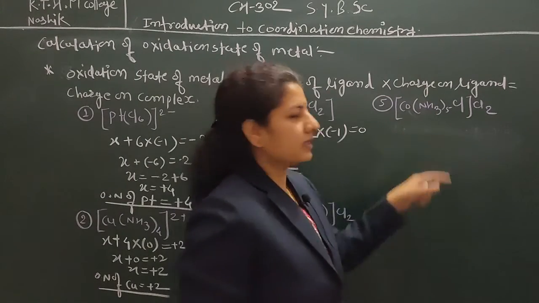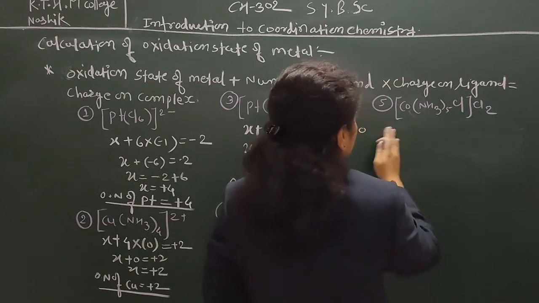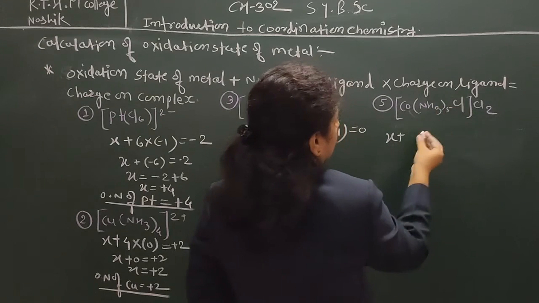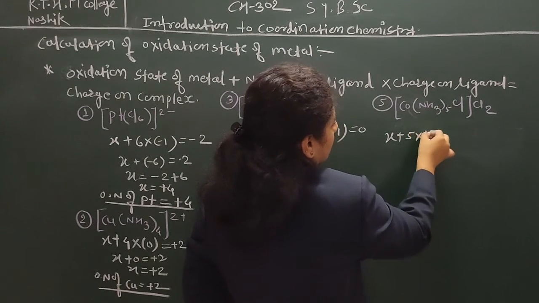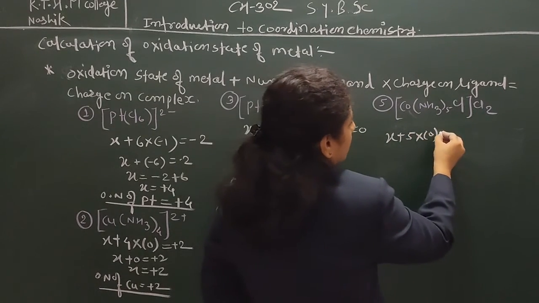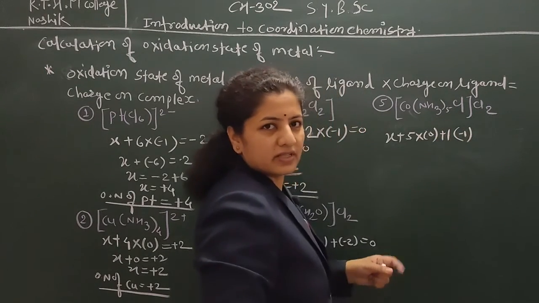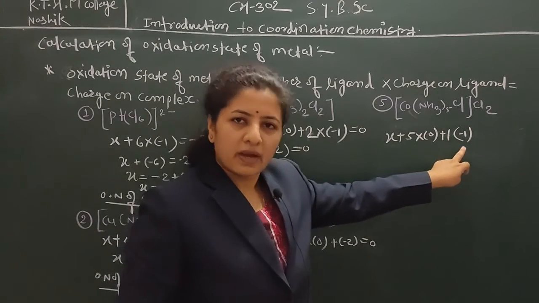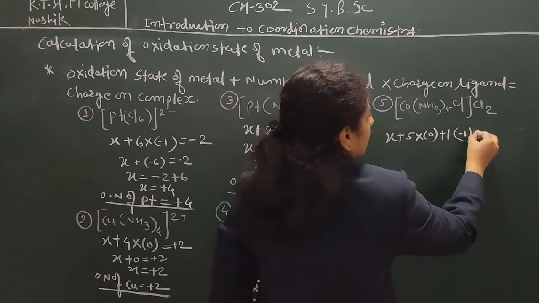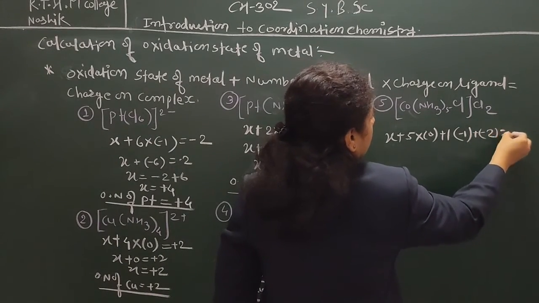Now in this complex, X plus the number of ammonia molecules is 5 and the charge on ammonia is 0, so into 0, plus chlorine, the number of chlorine is 1 and the charge on chlorine is minus 1, plus minus 2 is equal to 0.